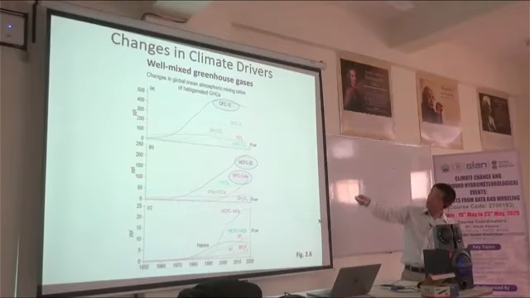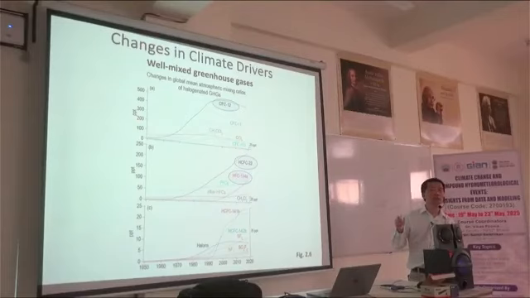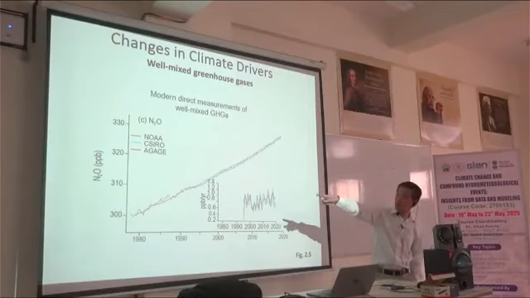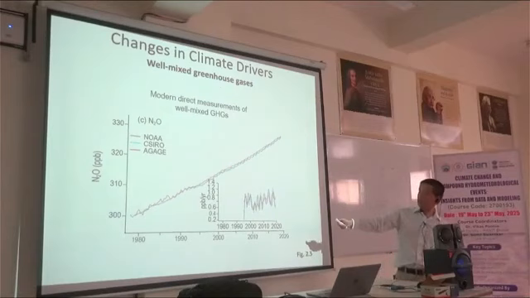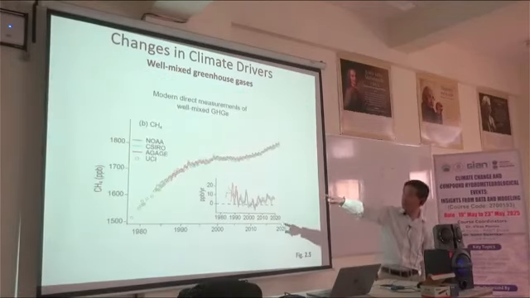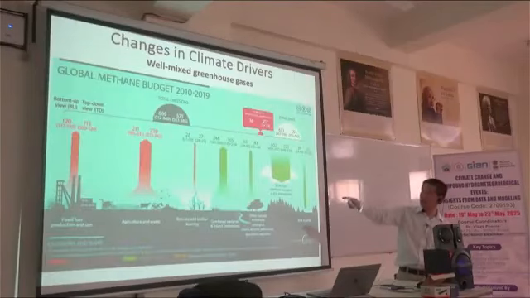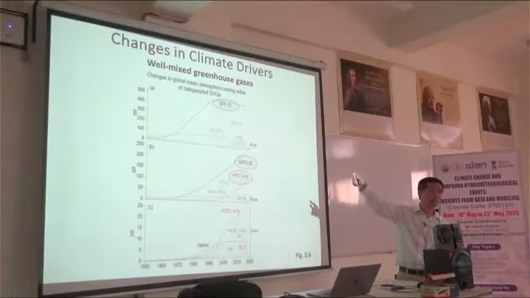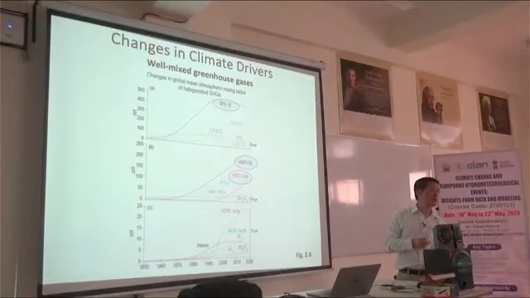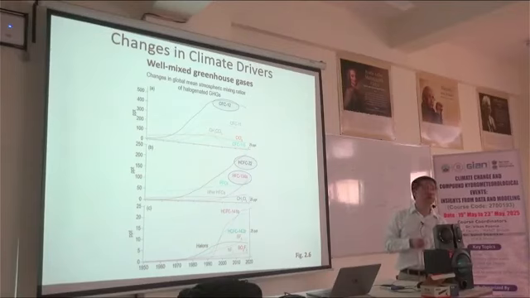You can see we are using the unit ppt, part per trillion. Remember, methane and N2O are in ppb, part per billion, and CO2 is in ppm. And for these it's ppt, part per trillion, a very minor component.